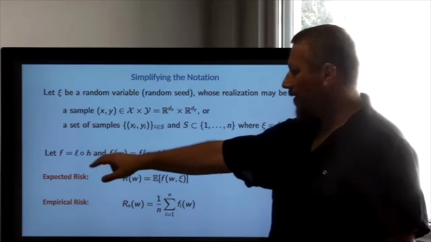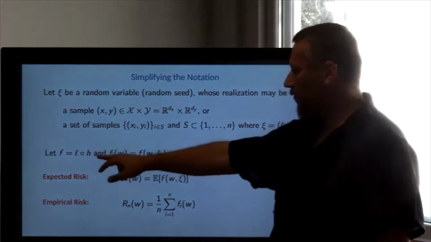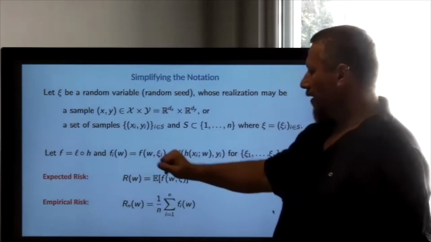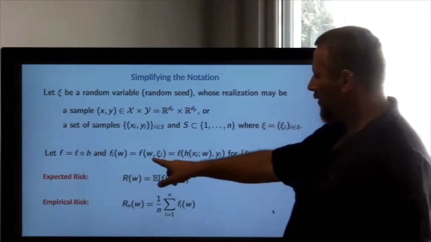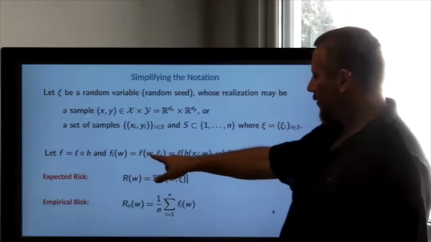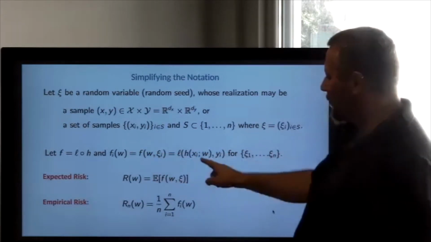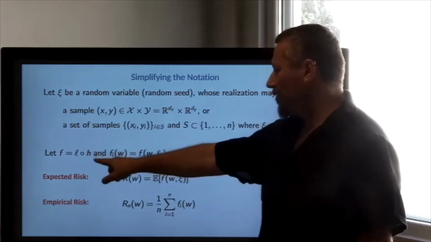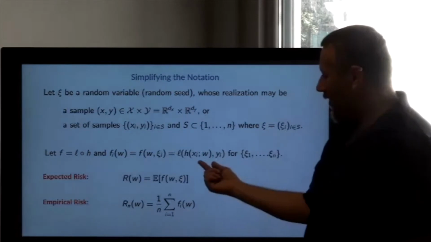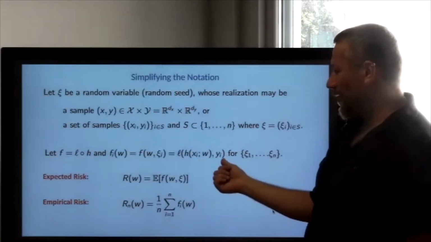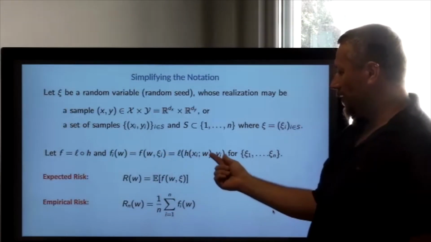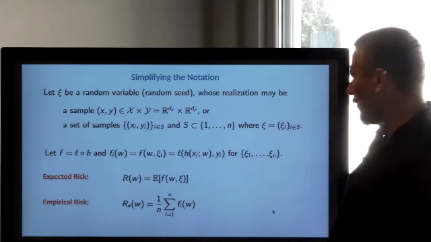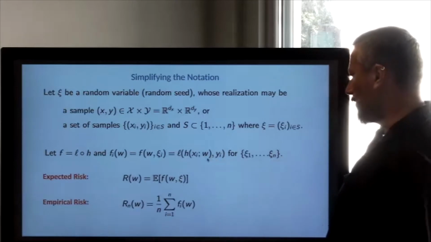And our function f will be the composition of loss function and the prediction function. And f_i will be the loss again, it's the loss composition, the prediction function, but calculated at the point x_i, y_i. Because xi will choose a point x_i, y_i, and then you calculate the loss at that point for your model and depending on your parameters.